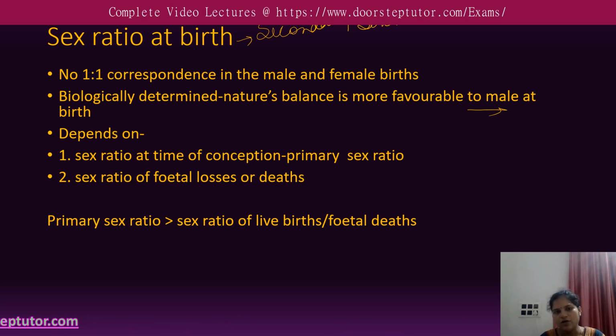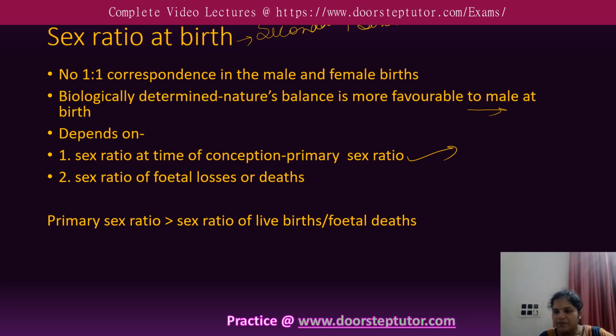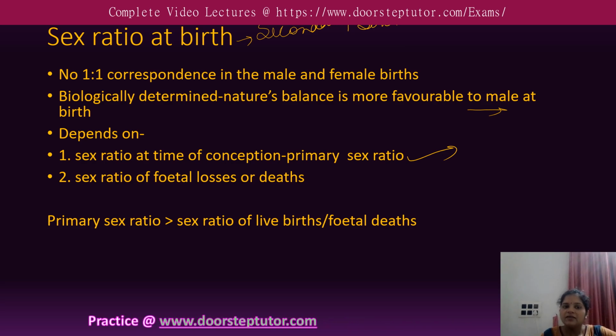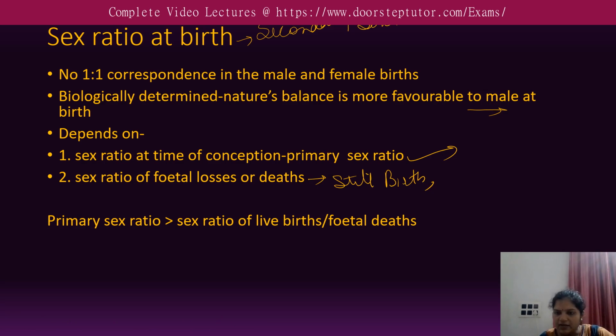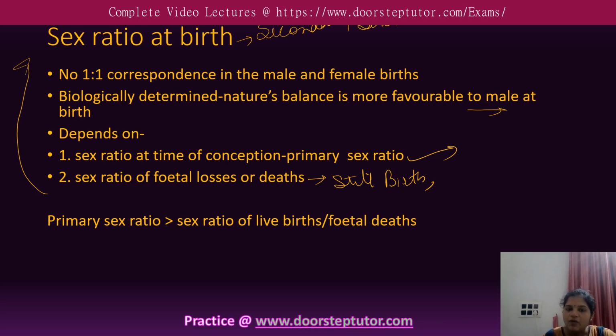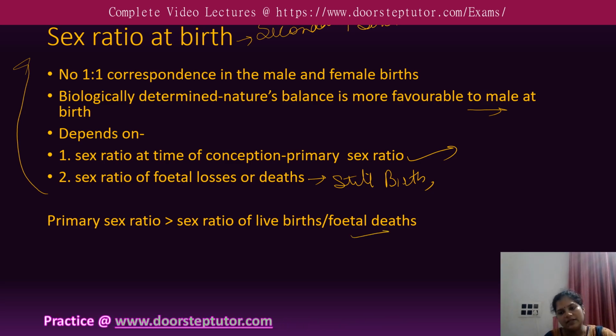It depends on the sex ratio at the time of conception, that is the primary sex ratio. If more male fetuses are conceived than females, obviously it will affect the secondary sex ratio, and more males will be born than females. But if fetal losses or deaths, like stillbirths, are more common, or if infant mortality is higher due to health emergencies, then it will impact the sex ratio at birth. The primary sex ratio is again higher than the sex ratio of live births. Why?